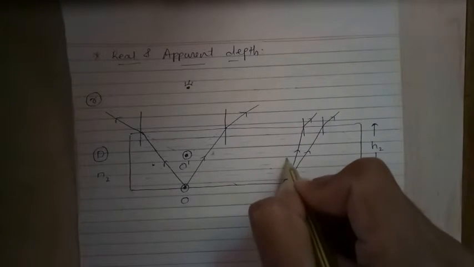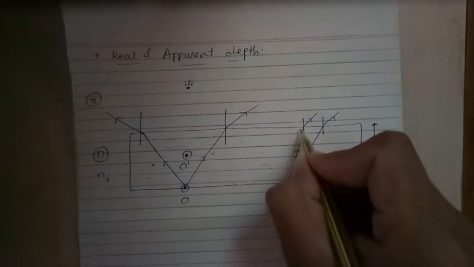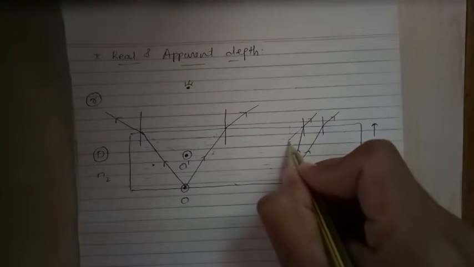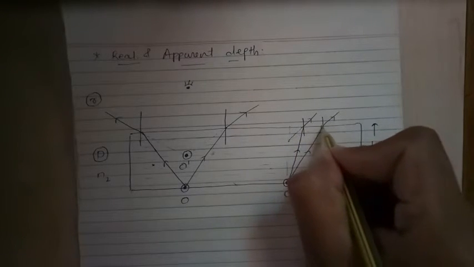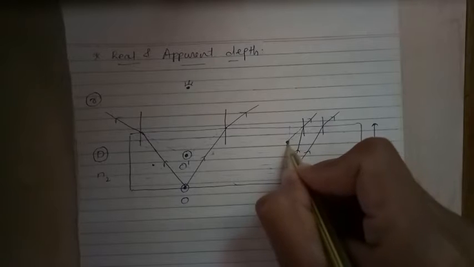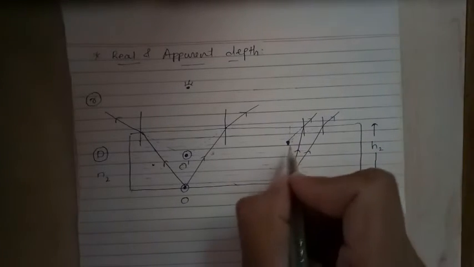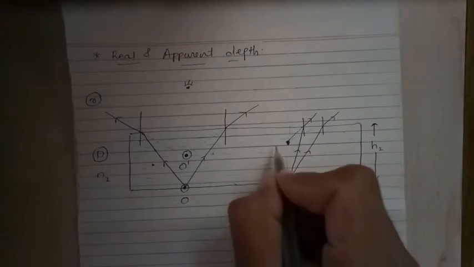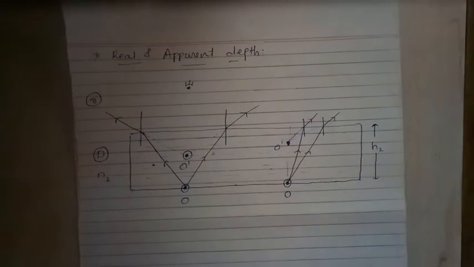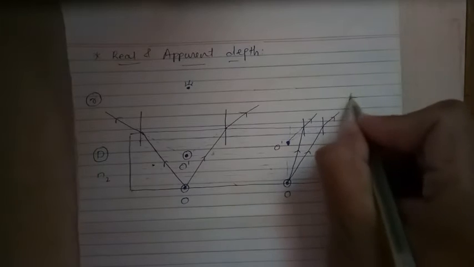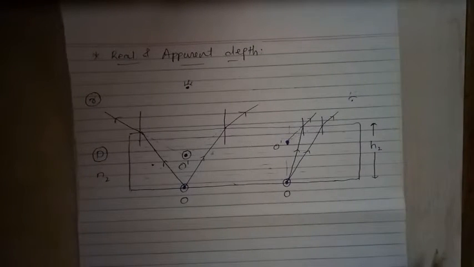But in normal condition when we see, these rays meet at this point. So here we can view O dash instead of O, right? Okay.